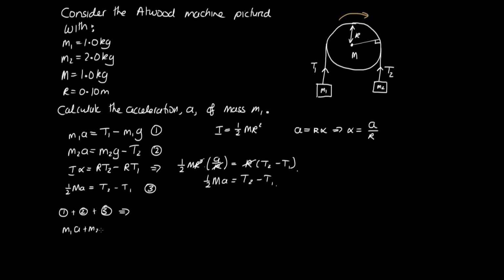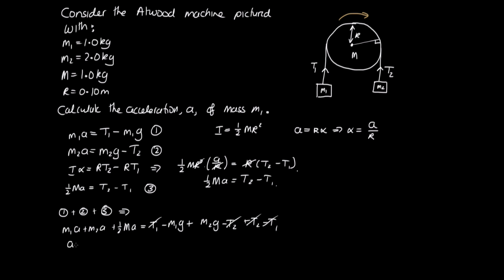m1a plus m2a plus a half ma is equal to T1 minus m1g plus m2g minus T2 plus T2 minus T1. So now you can see the really nice thing is that this tension cancels this tension cancels this tension, and the acceleration is common across all of these terms.